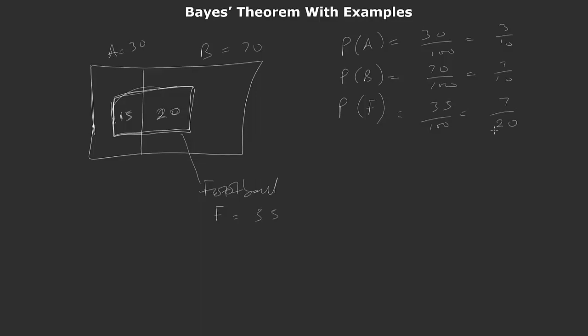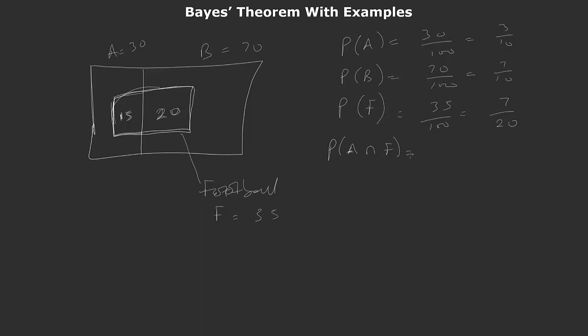Now let me ask another set of questions. What's the joint probability of A and F? What this means is, what's the probability that a student picked at random is in class A and also loves football? So how do you figure that out?